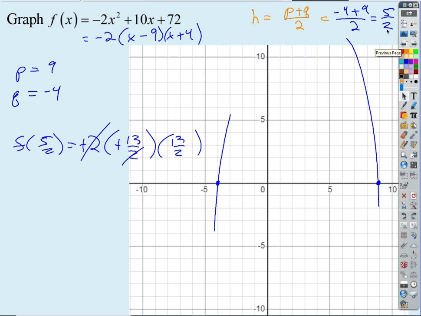So if I average those two, I got 5/2, and then I can plug that into the function to get k, and that gives me the value of k, right? And then if I know h and k, that's all I need. If I know these 2 points and I know the coordinates of the vertex, I just connect those 3 points with a parabola, and that's my graph. Okay? Or if I wanted to, I could do negative b over 2a and plug that in. Either way, doesn't matter.